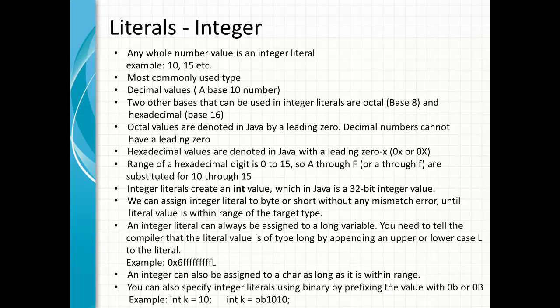Now, the most important thing we need to remember is that hexadecimal digits, 16, they go from 0 to 15. And 0 to 9 is 0 to 9. But from 10, we consider it as either a capital A or lowercase a. So 10 is A, 11 is B, 12 is C, 13 is D, 14 is E, and 15 is F.